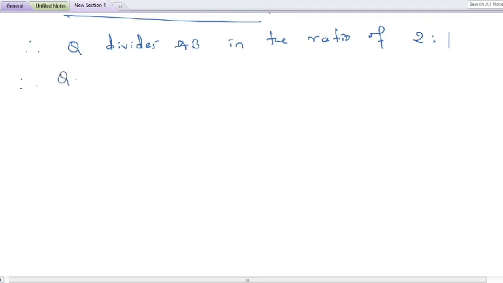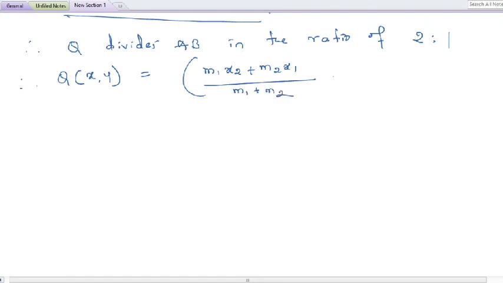Therefore, Q of x comma y, same formula, M1 x2 plus M2 x1 divided by M1 plus M2, comma, M1 y2 plus M2 y1 divided by M1 plus M2, which is equal to, M1 value is what?